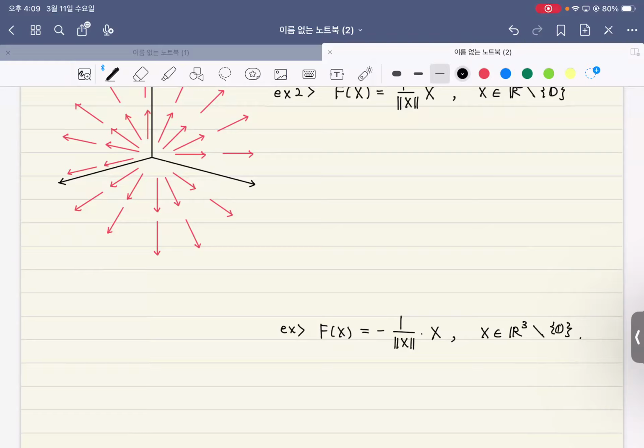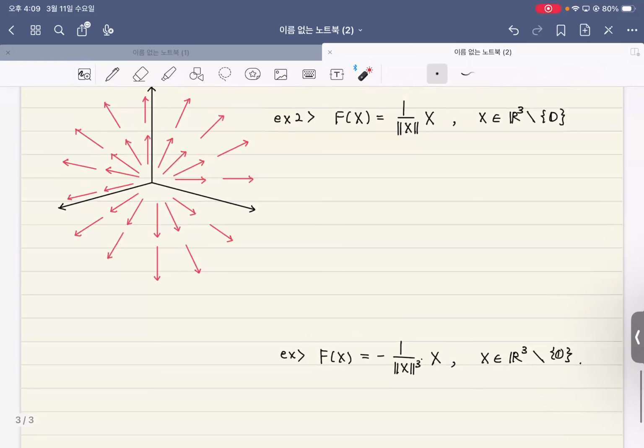Sorry, I forgot to add this cube. Since we have the negative sign here, the direction of this vector field must be opposite from the direction of the previous vector field. But we also have the third power in the denominator.